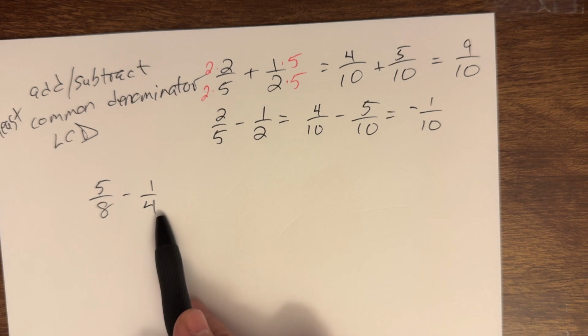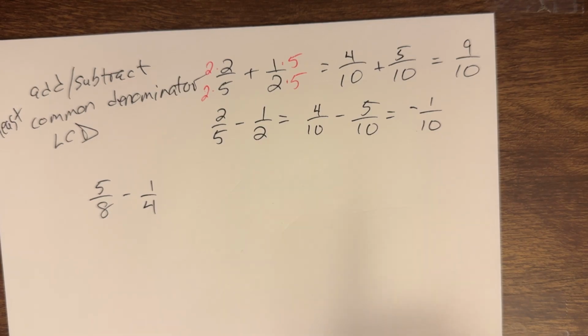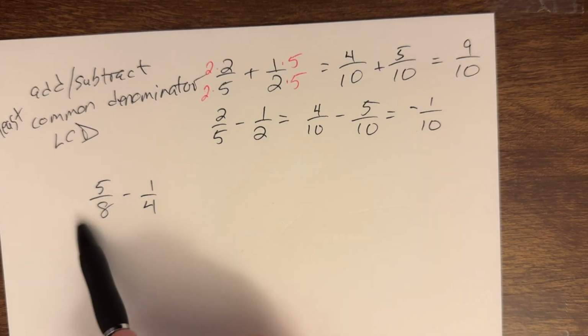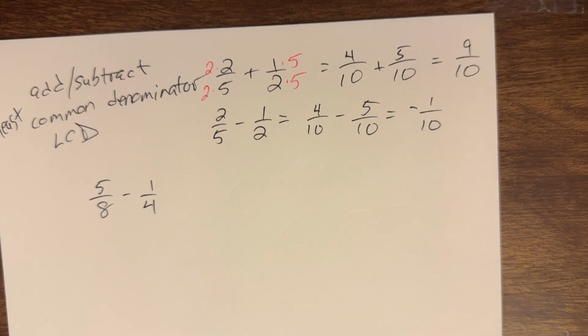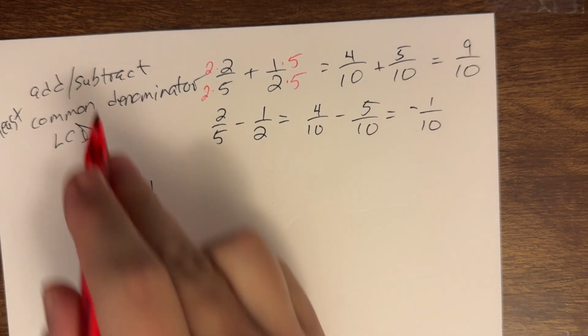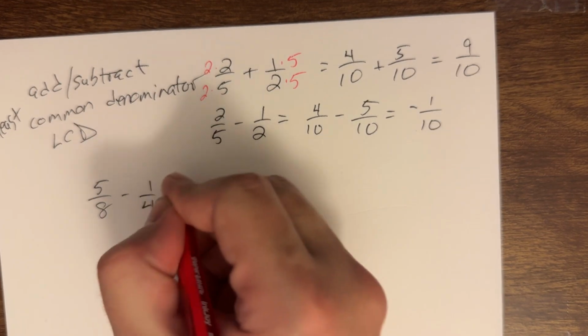And if I come over here, 4 times 2 is 8. That's all I need. Instead of doing this one times a 4 over 4 and this one times an 8 over 8, the better way, because we are still going to want to simplify at the end, the better way to make our life as easy as possible is to get the smallest common denominator.